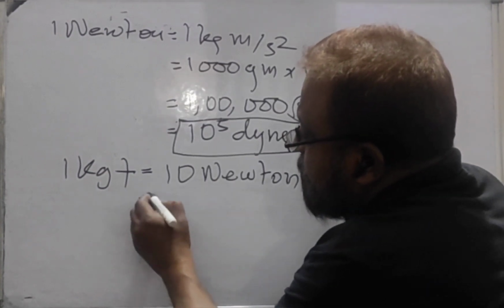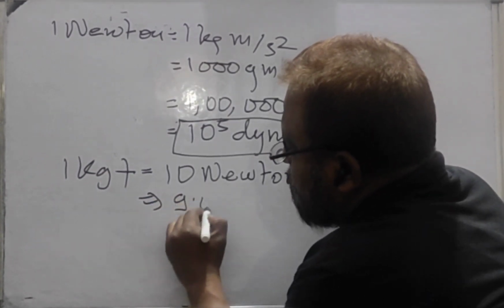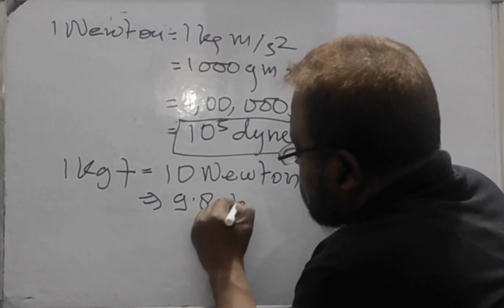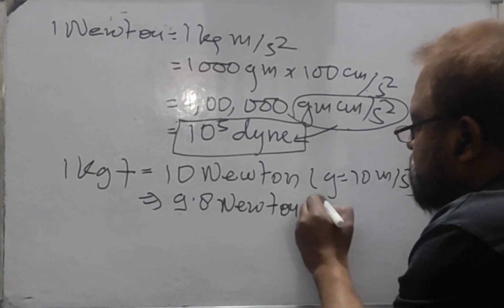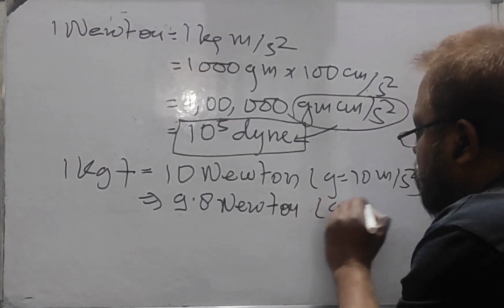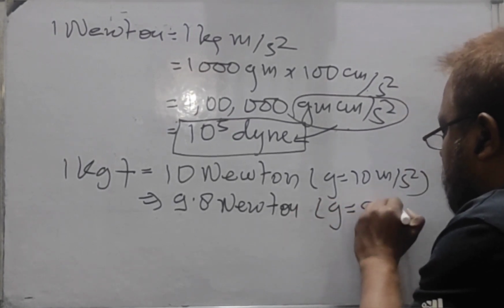And it will be 9.8 Newton if g is 9.8 meter per second square.